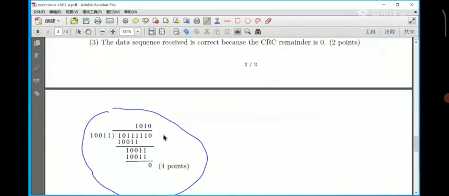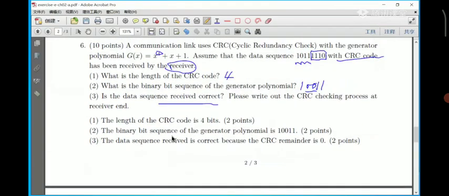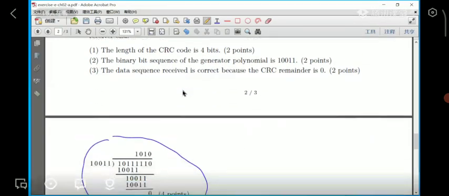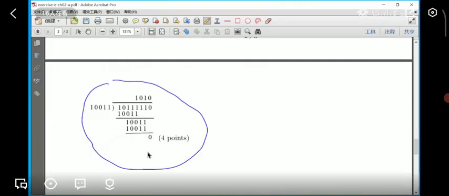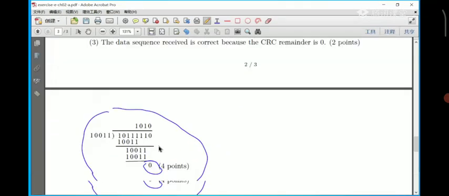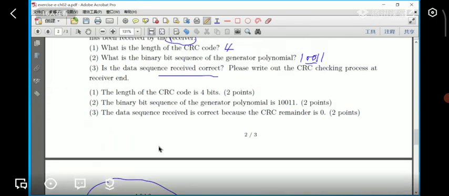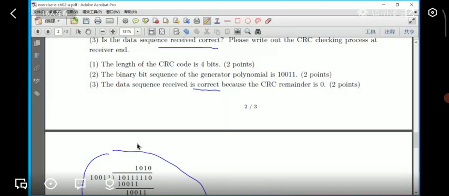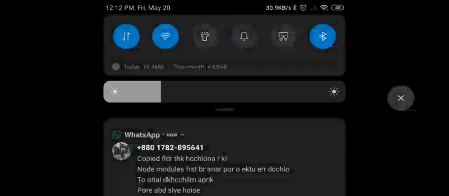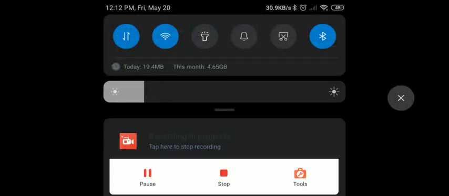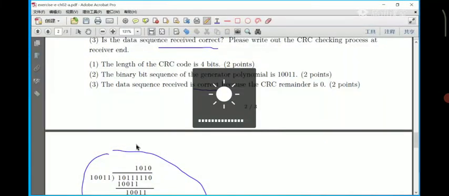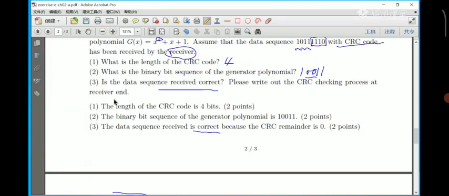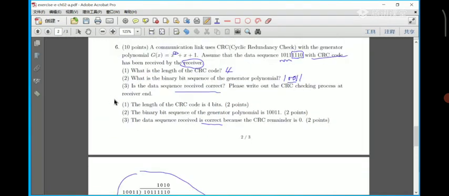At the receiver end, the CRC code is already appended, so no 0 bits are appended. The remainder is 0, so the data sequence received is correct, because the remainder is 0. Do you understand? Okay.